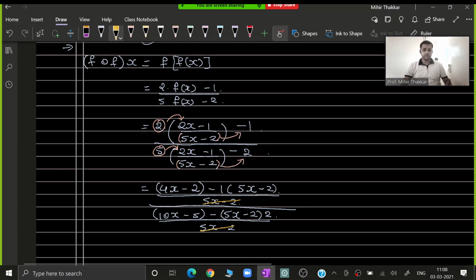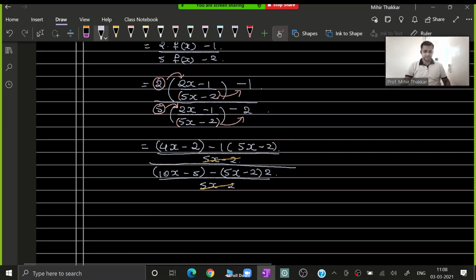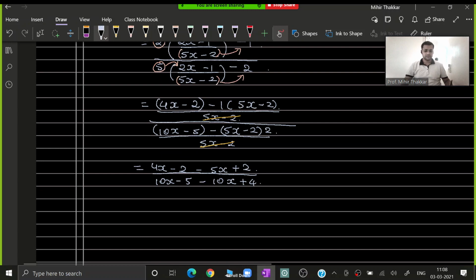Now we will carefully open all the brackets that we have. 4x minus 2 minus 5x plus 2 will come here because minus and minus will become plus, divided by 10x minus 5 minus 10x plus 4. So guys, here positive and negative 2 get cancelled in the numerator.